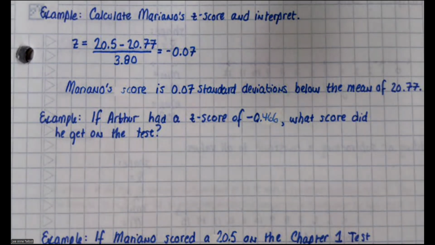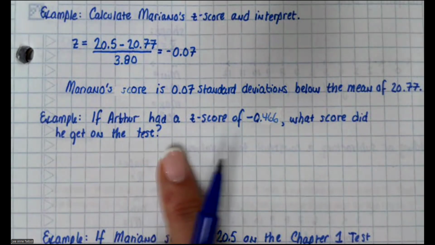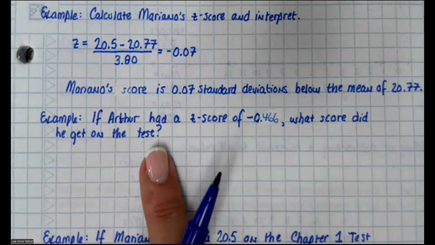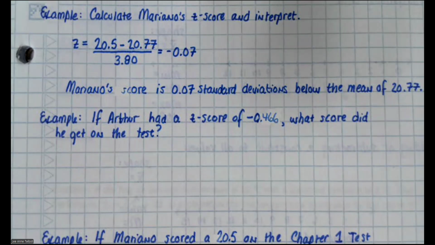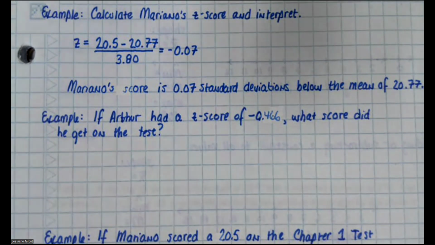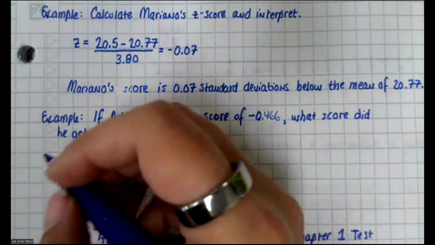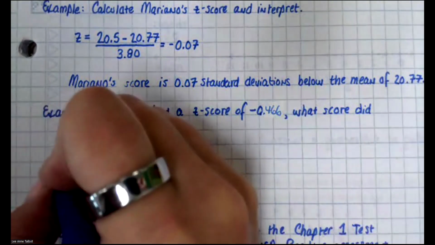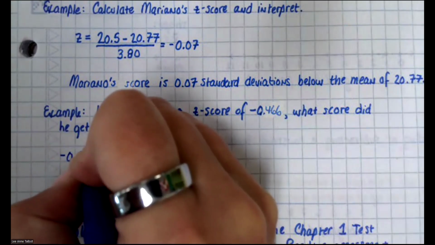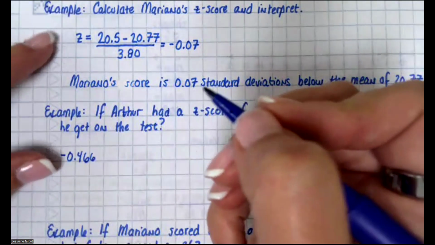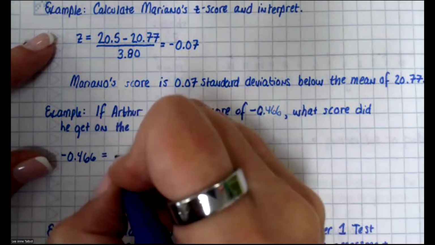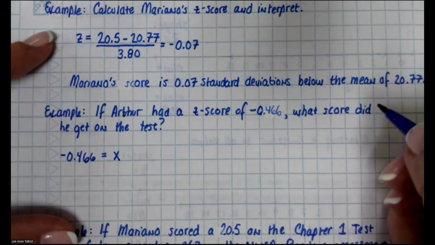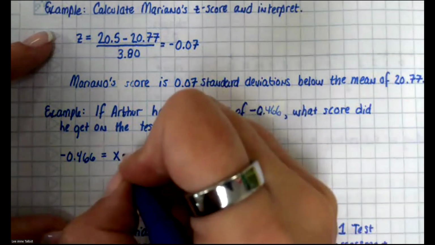Okay, we have two more and then we're done. If Arthur has a z-score of negative 0.466, what score did he get on the test? Oh man, algebra. Let's work backwards. You wonder why you have to have Math 3 before this class. Here we go. Negative 0.466 goes in the z-score spot equals x, which is what we're solving for. That's his score. Oh, Arthur's the alligator over there, by the way.